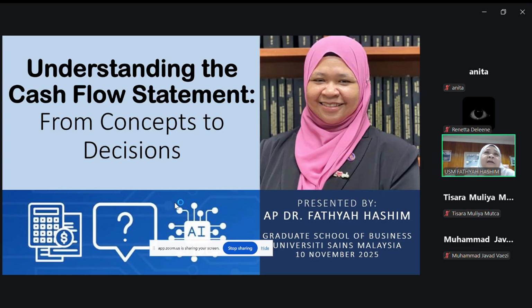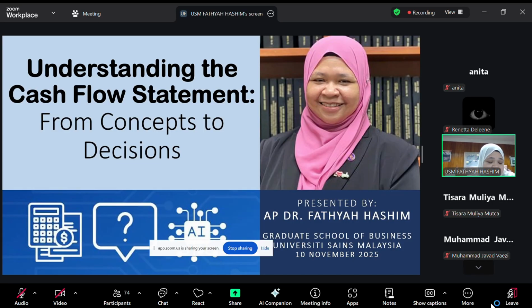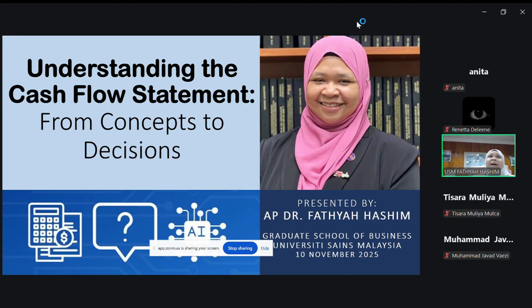So in any business, the cash flowing into the company and the cash flowing out of the company is very important. So it needs to be properly managed and reported at the end of the period. In the cash flow statement, it would tell us how cash moves in and out of the company.